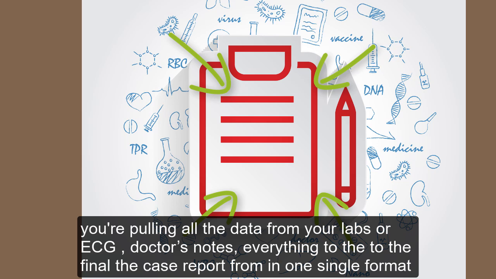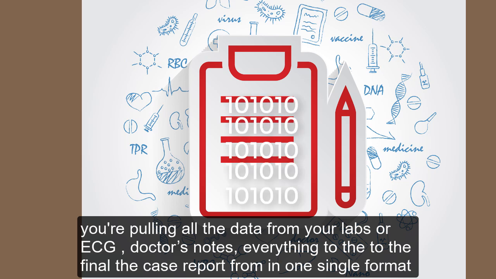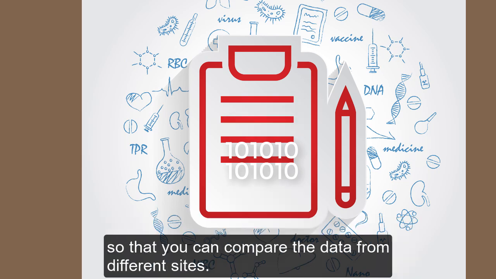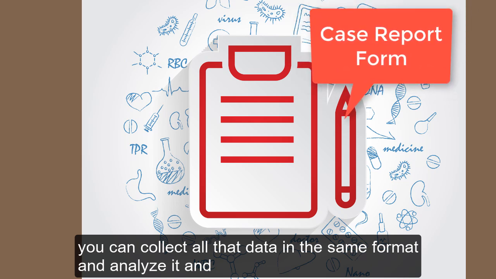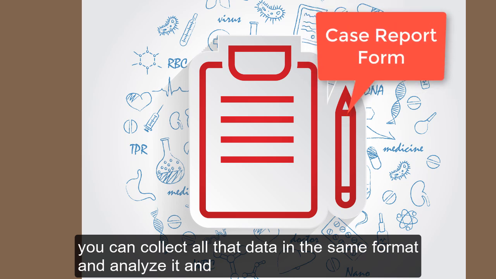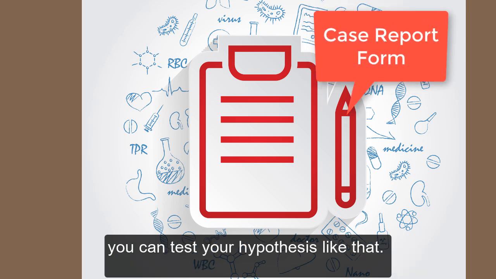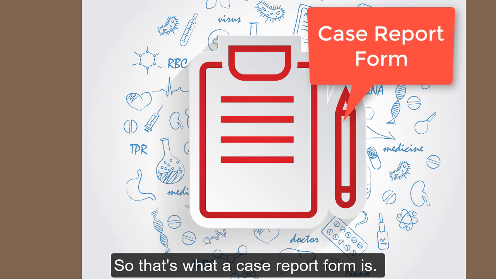You pull in all the data from your labs, from your ECG, from doctor's notes, everything through the funnel of the case report form into one single format, so that you can compare the case report form from site 1 to site 2 to site 3, and you can collate all that data in the same format and analyze it, and you can test your hypothesis like that. So that's what a case report form is.